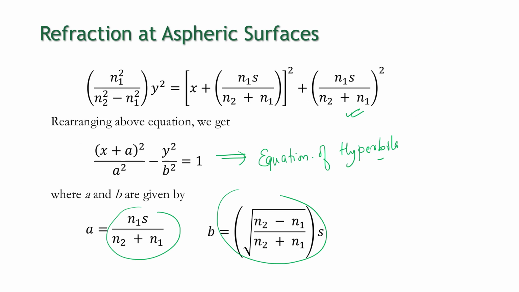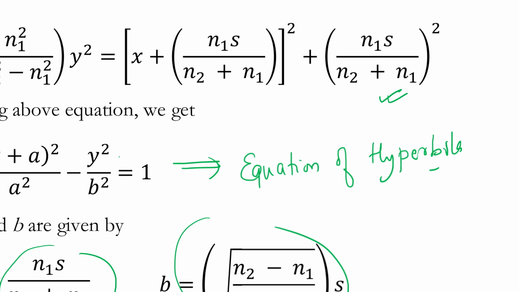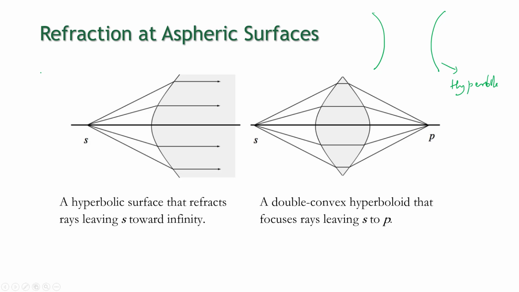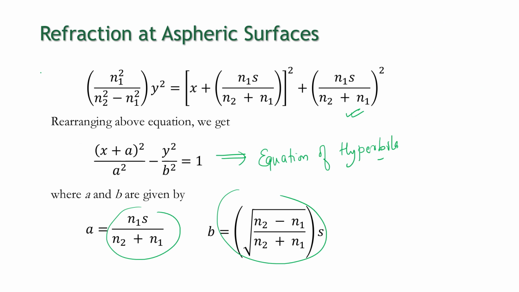So that means our refracting surface that is not spherical is a hyperbola. We are talking about aspheric, okay, not spherical. Any aspheric surface that could be used for refraction has to be a hyperbola. Okay, we'll stop at this point.